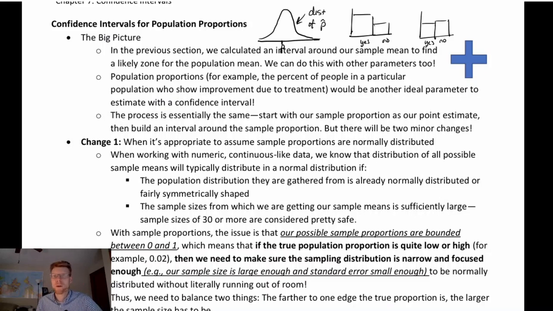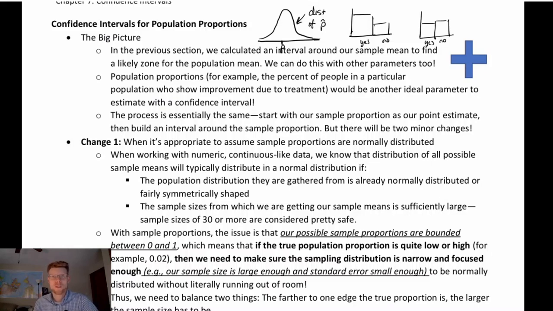If p is, say, 35%, I could get p hats of 0.32, 0.34, 0.36, 0.31, 0.37, right? They're going to be normally distributed around that parameter. So there is a normality condition going on here. We just have to frame it a little bit differently because it's not going to be exactly the same setup as it was for a numeric variable working with means.